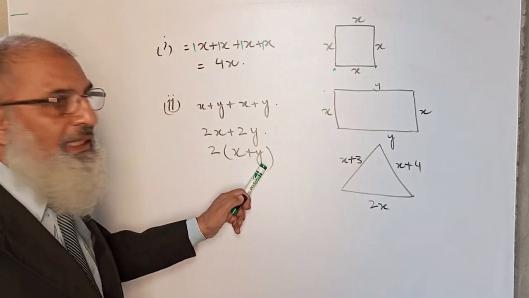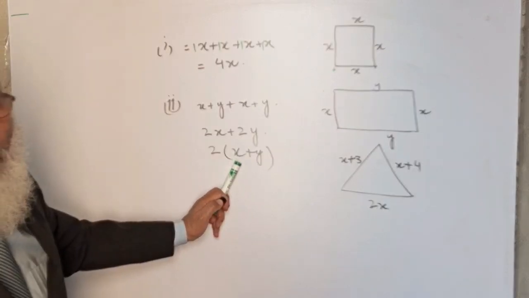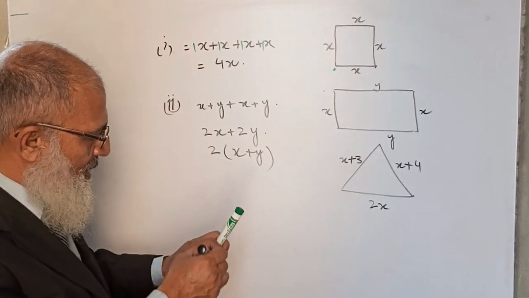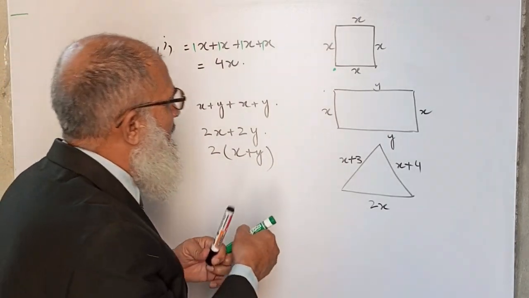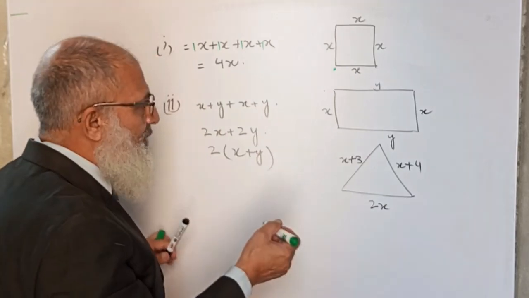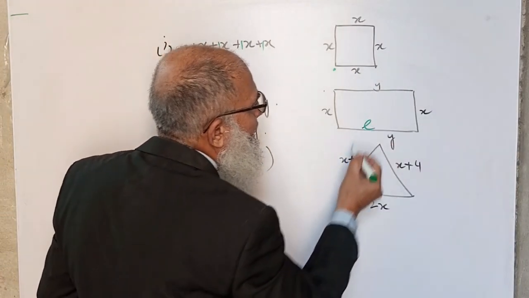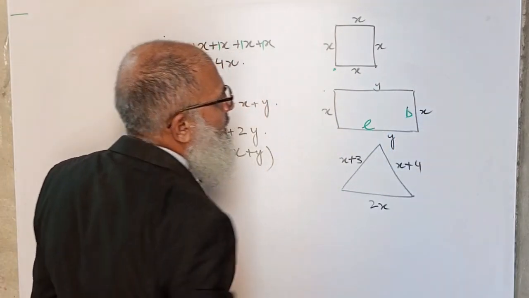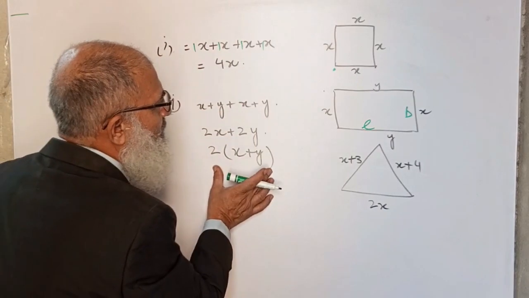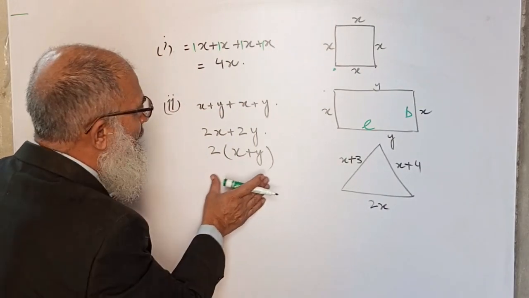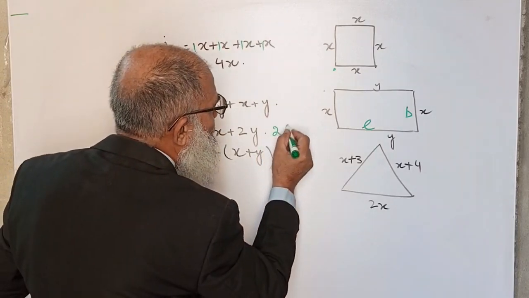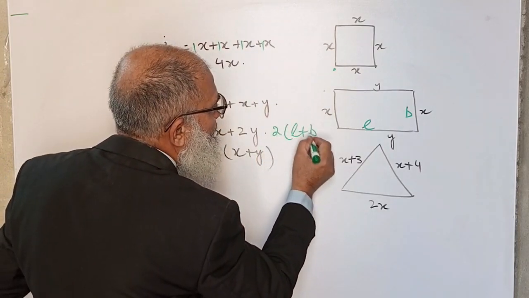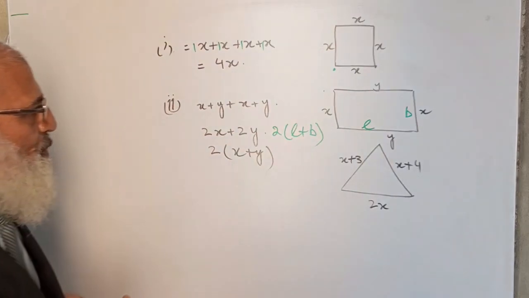You see, the 2 is common between them, so we'll write it like this. Now this is the length and this is the breadth. So this is the formula for perimeter. It will be written as 2 times (l plus b).